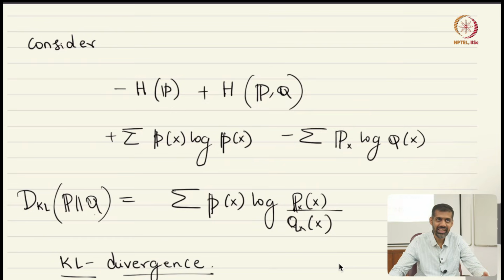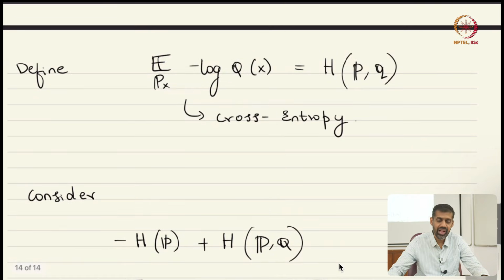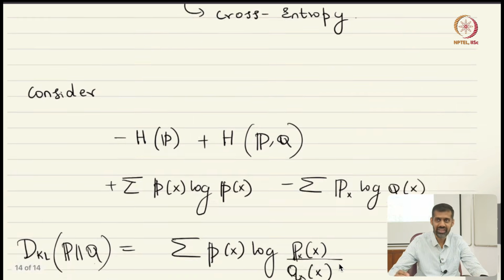Yes, that should be the case, because it is always lower bounded by entropy. That's why you need to take the difference. HP minus HPQ or HPQ minus HP, both of them are differences. But to ensure that it's non-negative, because by definition cross entropy is bounded below by entropy, you will have to take the higher and subtract the lower. That's all the definition.